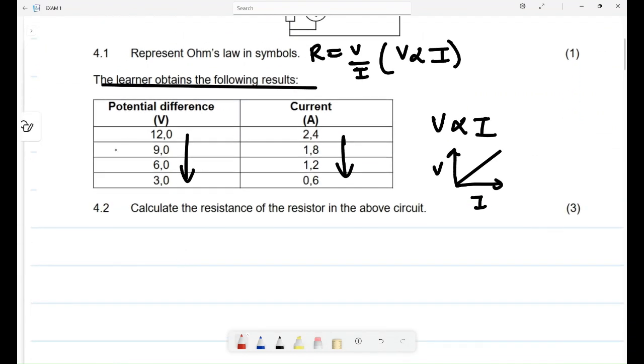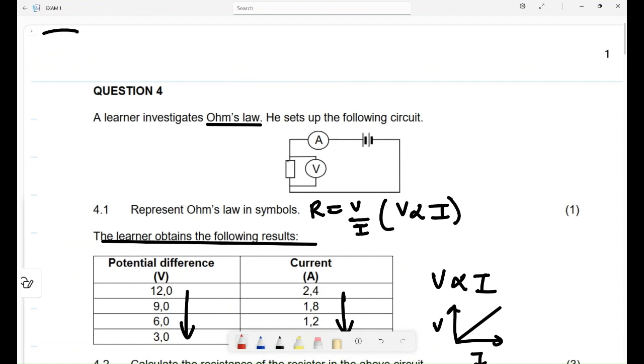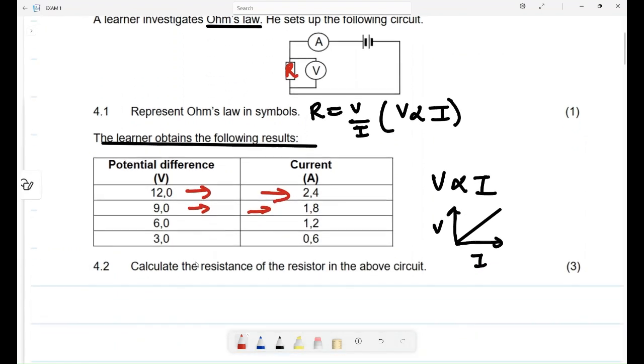Let's see the next question, 4.2. It says calculate the resistance of the resistor in the above circuit. Which resistor do we have here? This one here, right? This is the resistor they are talking about. We have a potential difference and a current, so you can use this value as your V and this value as your current, or this one or this one. But whichever value you choose, it should match.